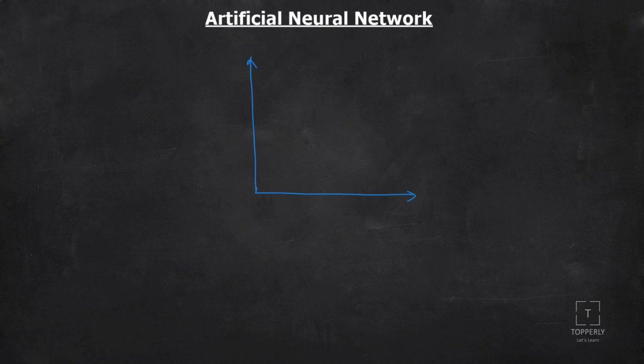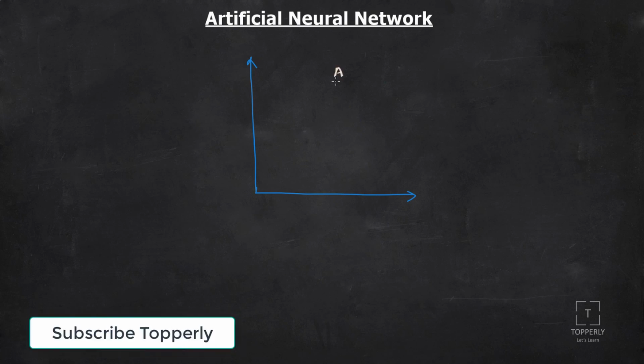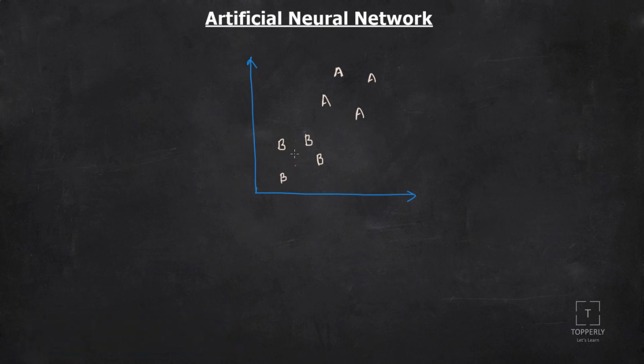Now suppose the output to the input at this particular point of space is A, that is, it is classified into class A, and let this point also be classified into A, and this point also into A. Now we'll have some inputs which are classified into B. So let the input at this point be classified into class B, and here also B, and here also B. So now suppose that we have a test input over here.